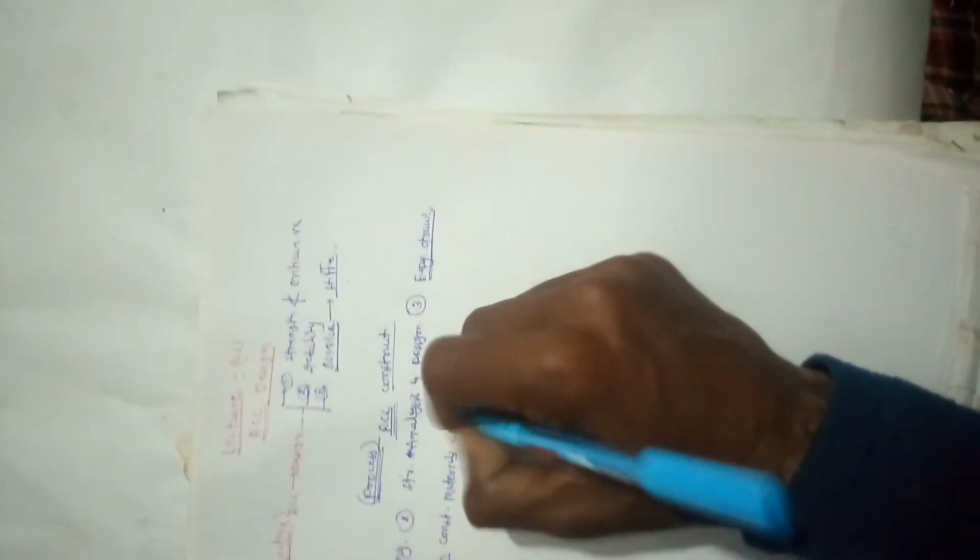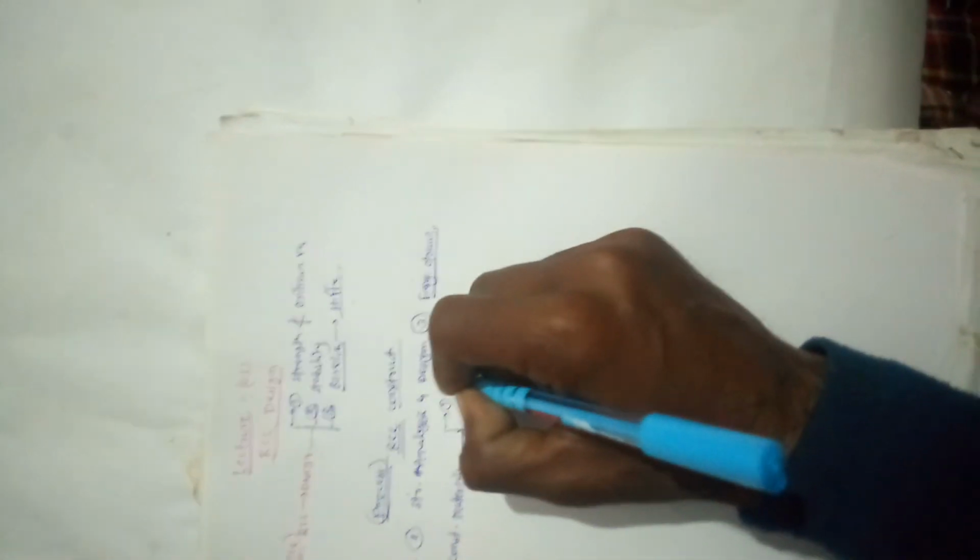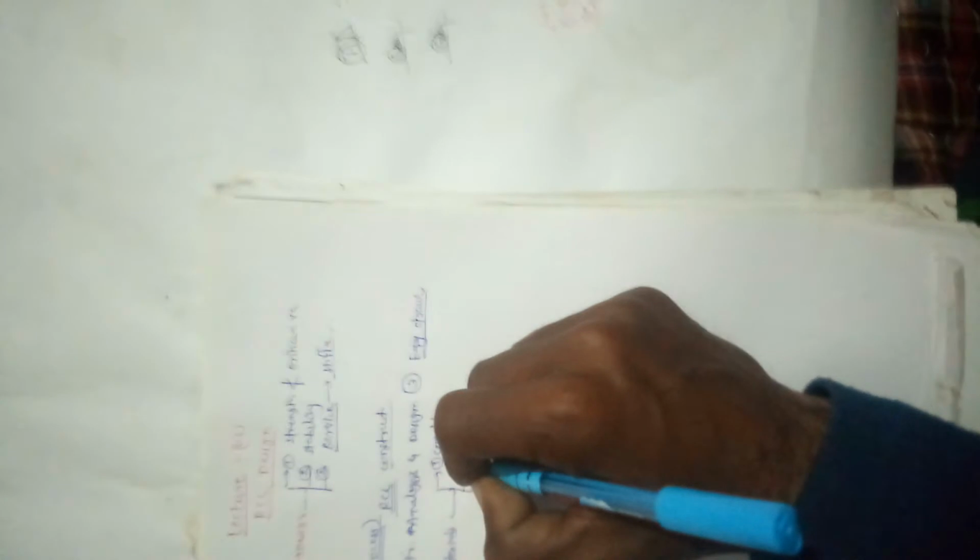Nowadays, the main construction materials are two: first is concrete and steel. Why do we use concrete?